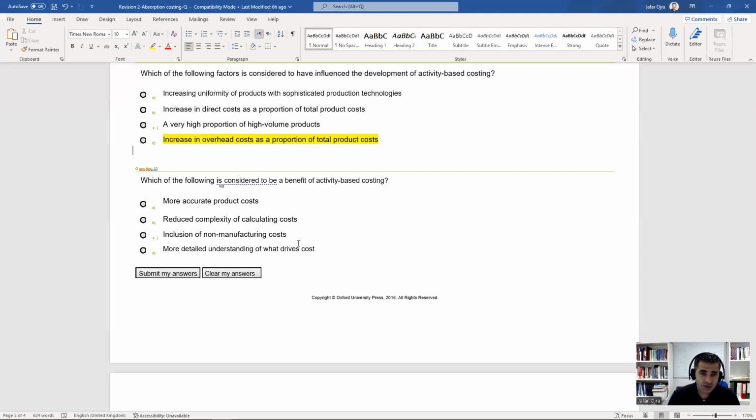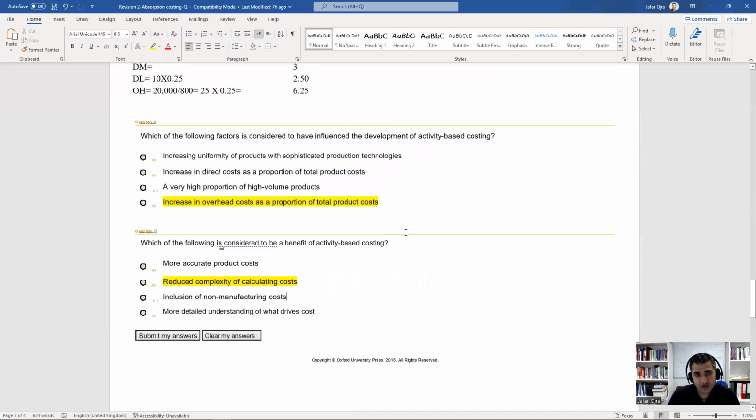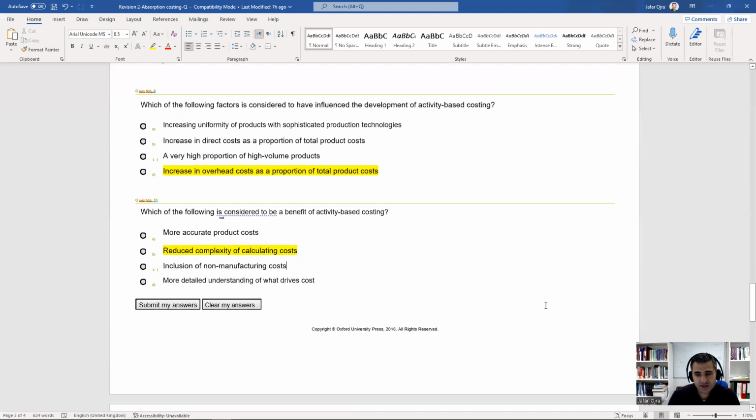When a business has really high overhead costs, ABC would be the best. So if you look at the points here, I imagine that B would be the best, reduced complexity of calculating cost. So that's question number 10.